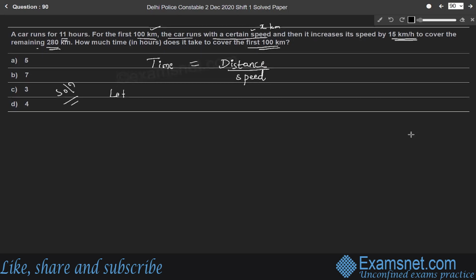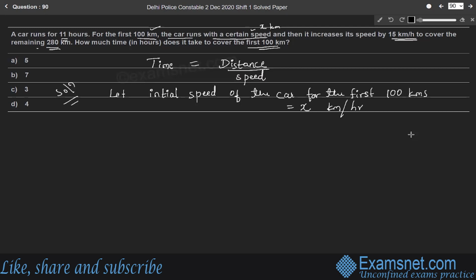Let the initial speed of the car for the first 100 kilometers be x kilometer per hour, right?